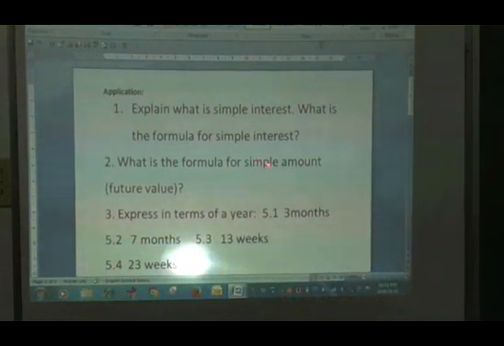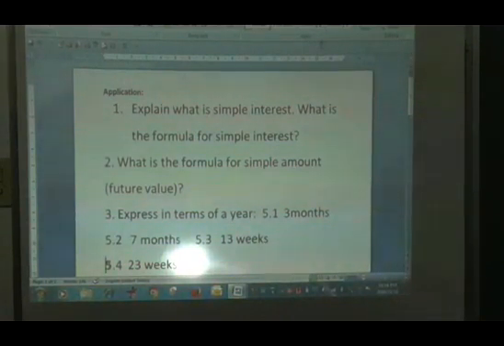Simple amount or amount, that's 2. Future value is 3. So why did I say 4? Right, that's correct. Simple amount or future value, or the word sum, S-U-M. Alright, so that was question 2.